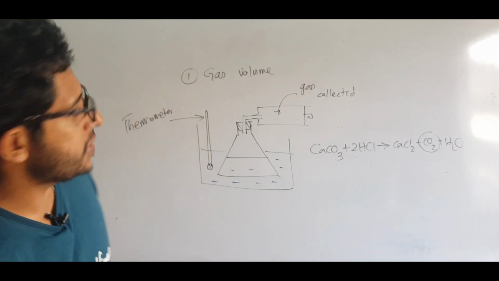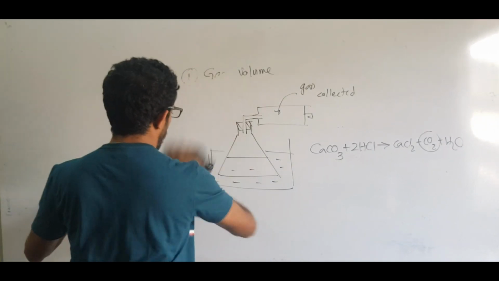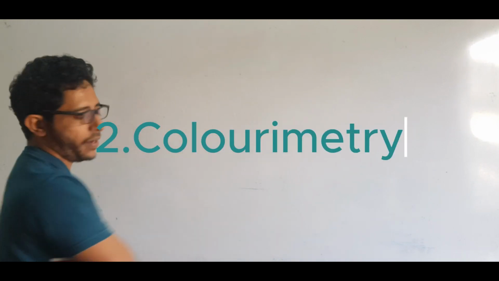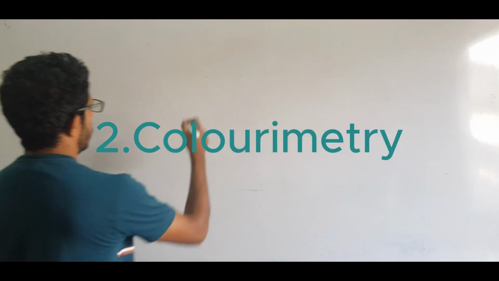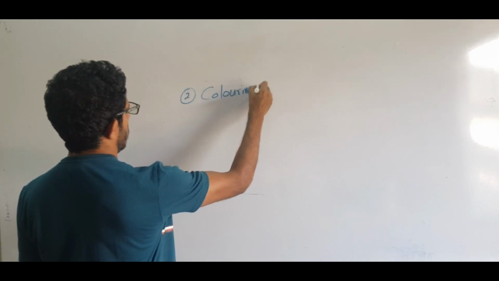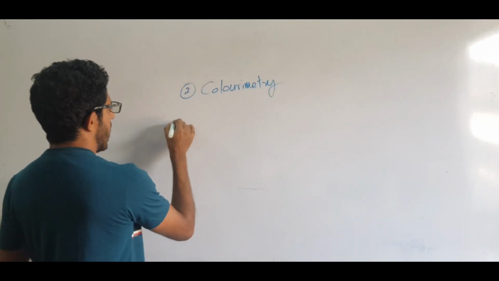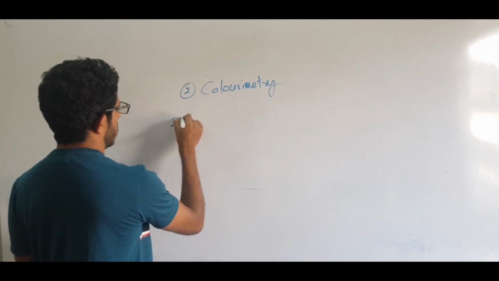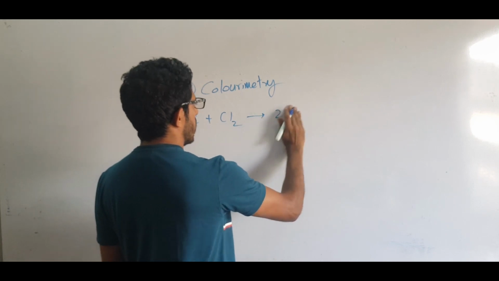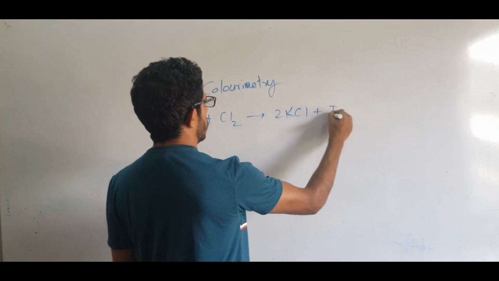The second one, number 2, is measuring the color intensity, which we call colorimetry. Let us say we have a simple reaction: 2KI reacts with Cl2 to produce 2KCl plus I2.